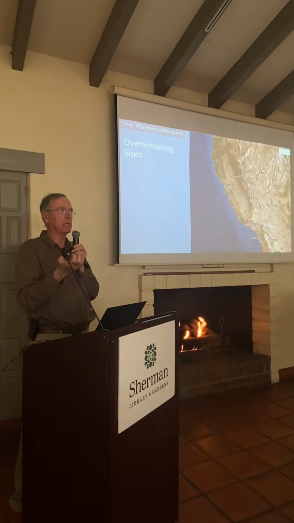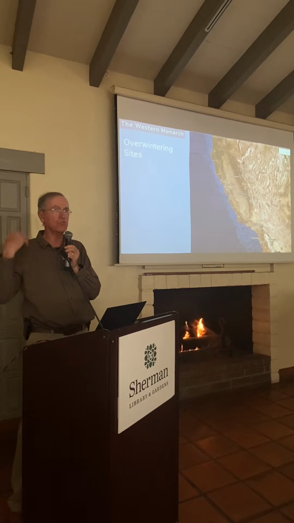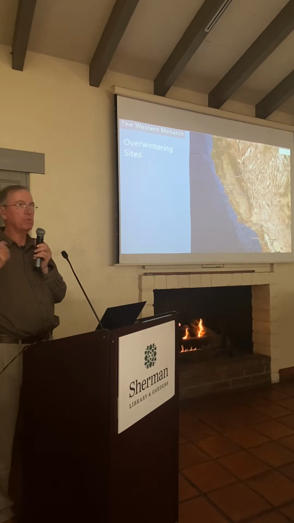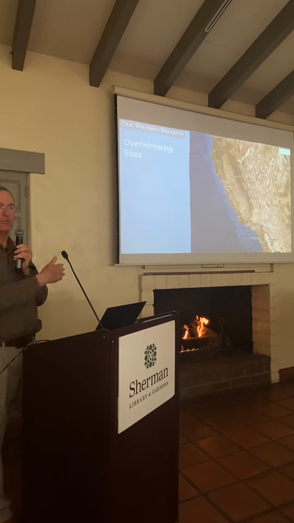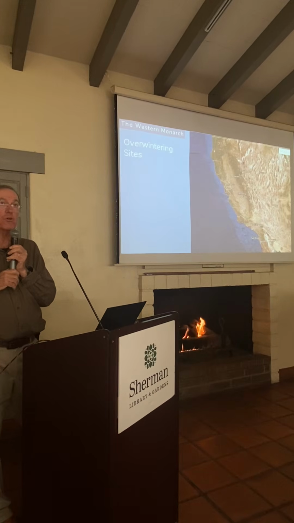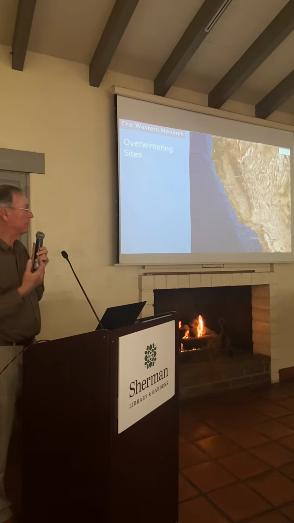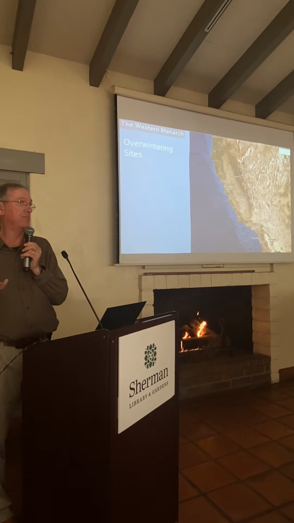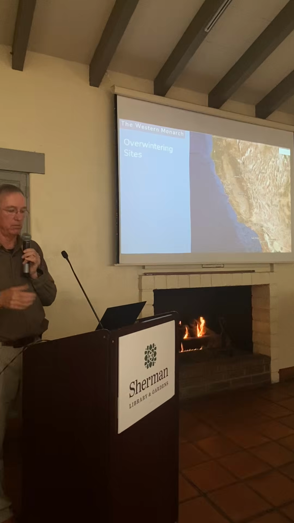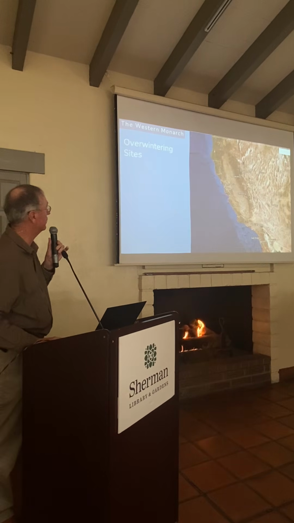Since the late 1990s and all the way through this past winter that we're just finishing, we've been censusing monarchs at these overwintering sites very thoroughly, very scientifically. And we have a lot of data now available regarding monarch numbers and conservation.